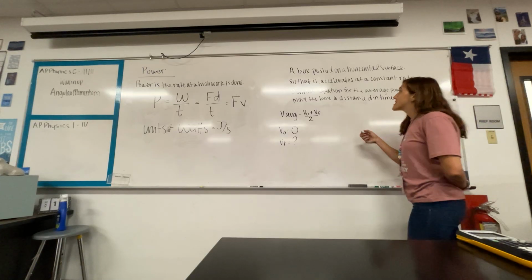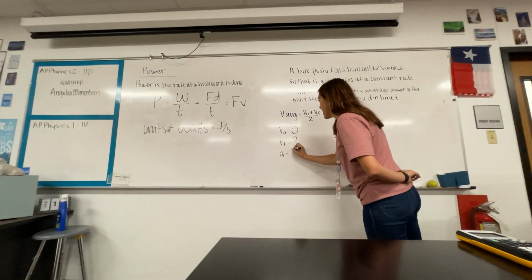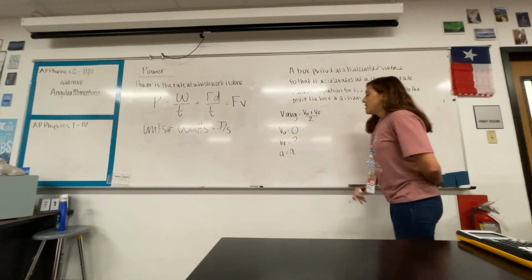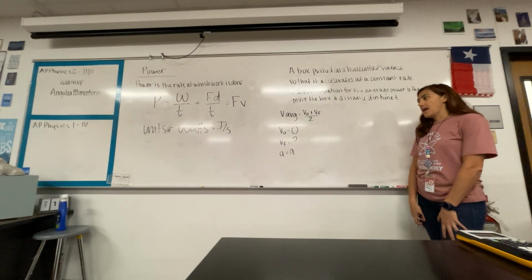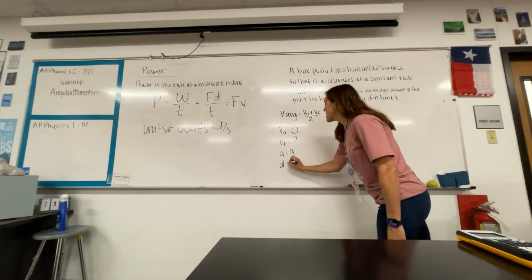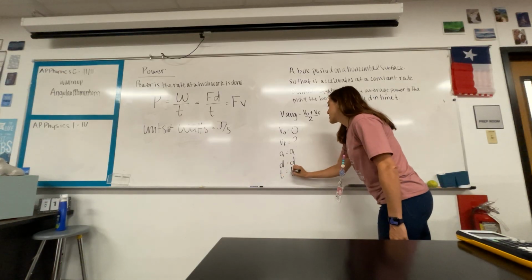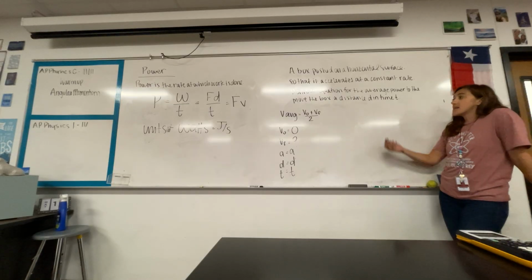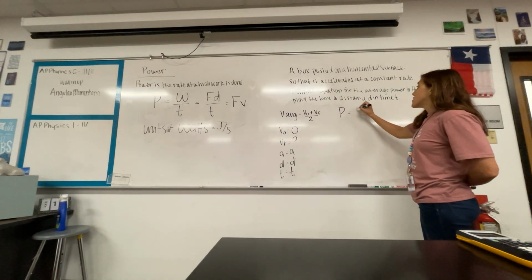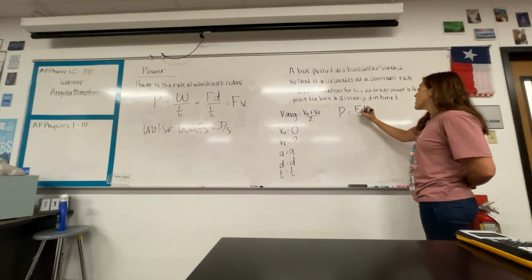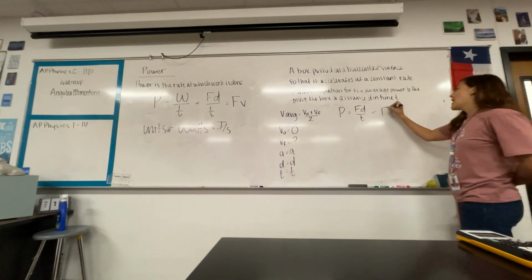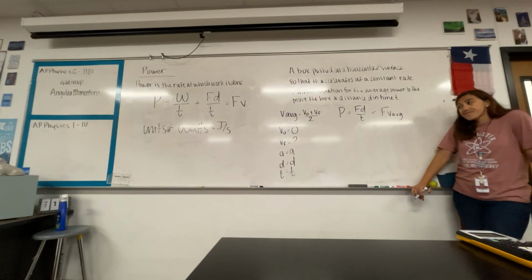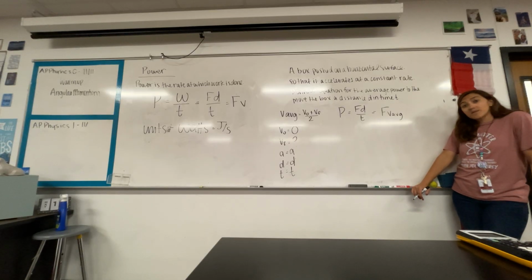But I'm accelerating at some constant acceleration a. I also know that I traveled a distance d in a time t. So that's all the information that I have. There are lots of ways that I can solve this. I'm looking for average power. So I could do work over time, so Fd over t, or I could use F v average. Either of these will work. So the question is, which one is best?